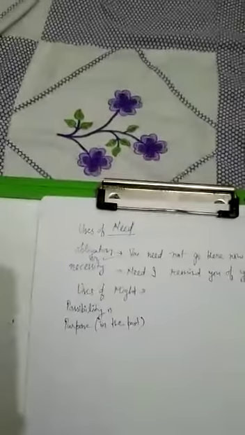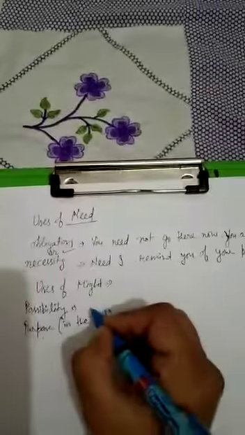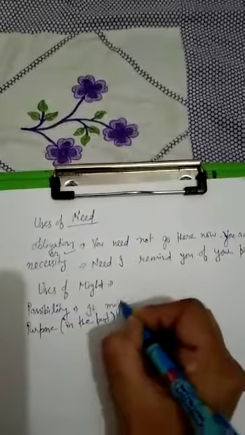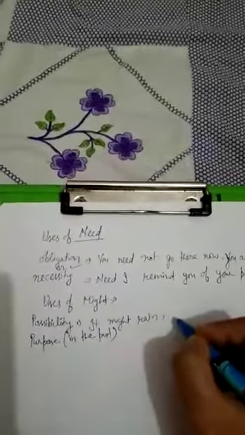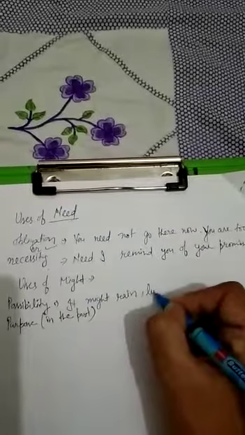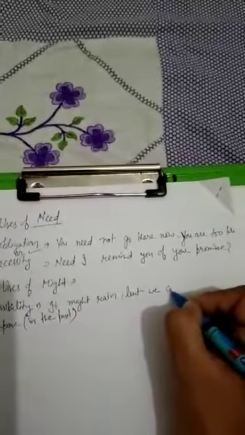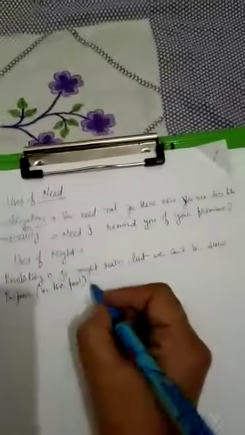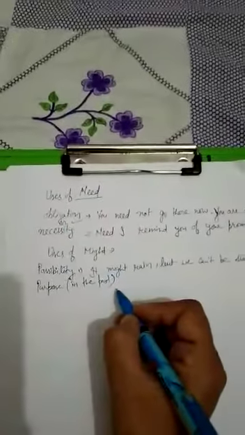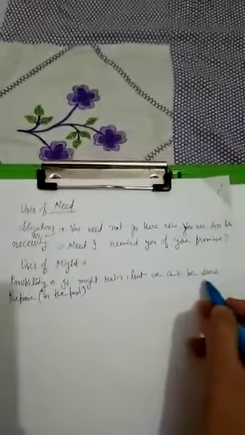Possibility example: it might rain, but we can't be sure. So here for the possibility, it should be in the past.